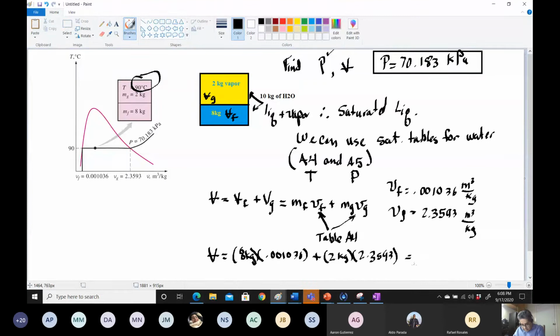So you do the calculation, and you get a total volume of 4.73 meters cubed.